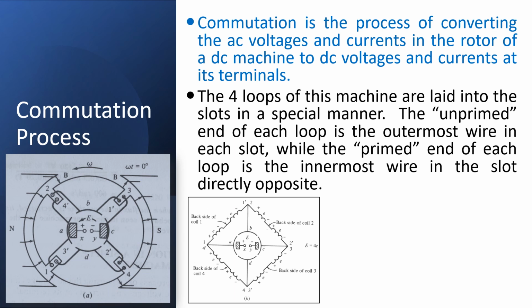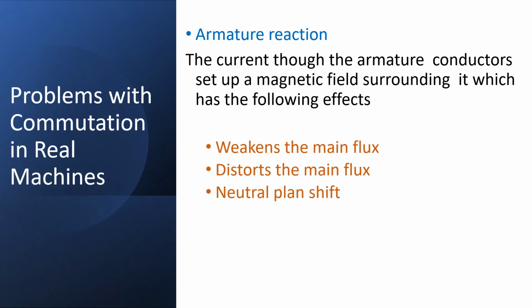That is called commutation. For the problems with commutation in real machines, number one is the armature reaction. What it does is weaken and distort the main flux, with a neutral plane shift.